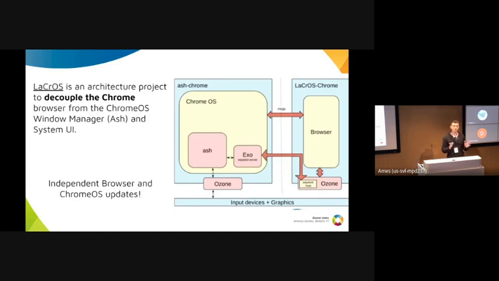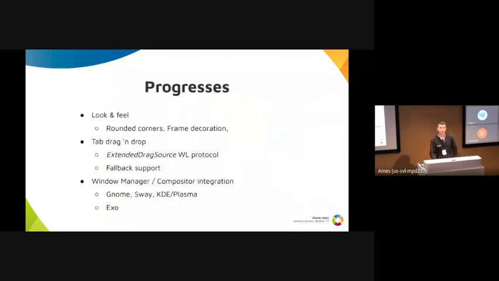So what is Lacros in practice? We have Chrome OS with a built-in Wayland compositor named Exo, and a Wayland Chromium application that we are making, running on Chrome OS on top of the Exo compositor. So we're bringing two worlds together and launching a brand new project.